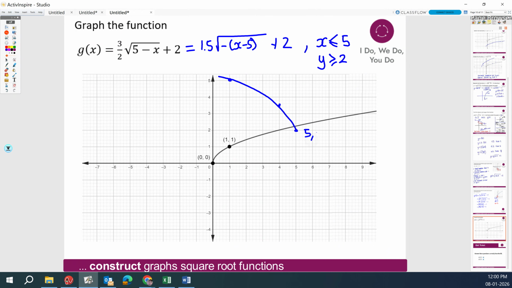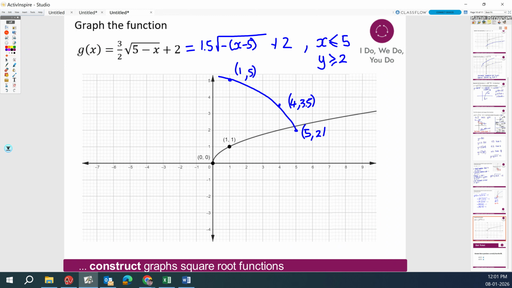We've got 5, comma 2. We've got 4, comma 3.5. And we've got 1, comma 5. This has gone 1, 2, 3, 4 back, 3 up. This is a good point to draw. The 1 back, 1 up is a bit trickier to draw, but the 4 back, 2 up is easier to draw because 2 times 1.5 is 3.